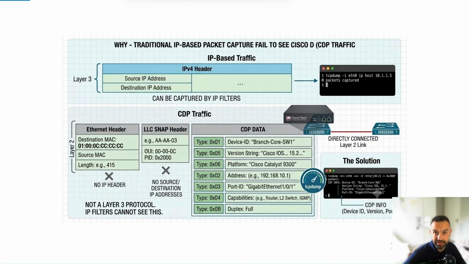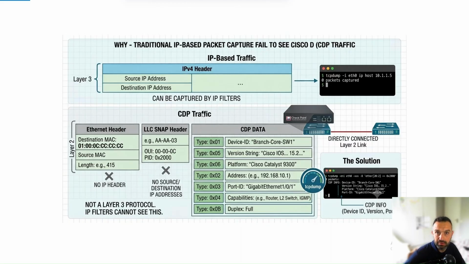A common mistake is looking for CDP using IP filters. CDP is not an IP protocol. There is no IPv4 or IPv6 header, and no source and destination IP addresses in the packet itself. Instead, CDP is carried directly inside an Ethernet frame using LLC and SNAP encapsulation.